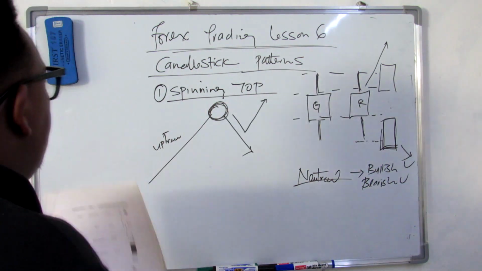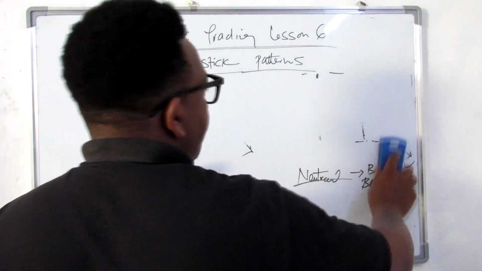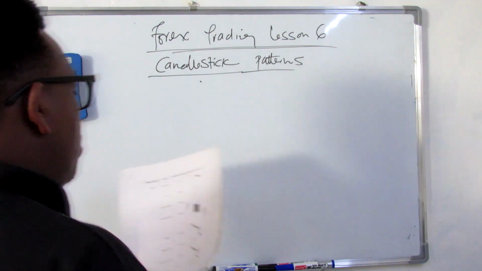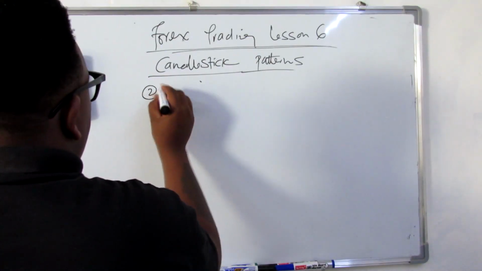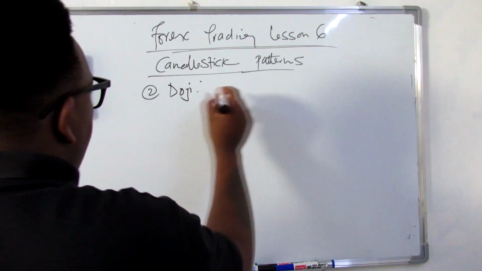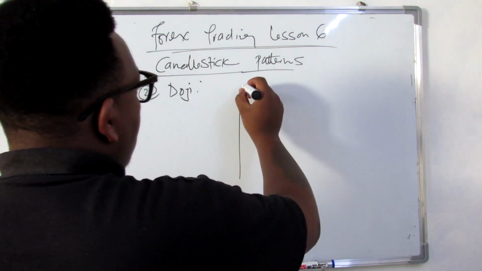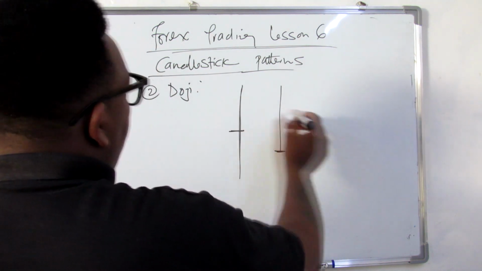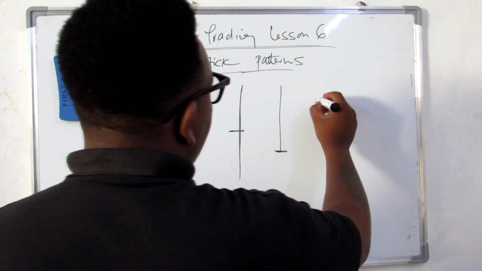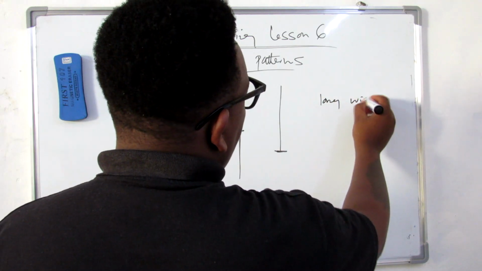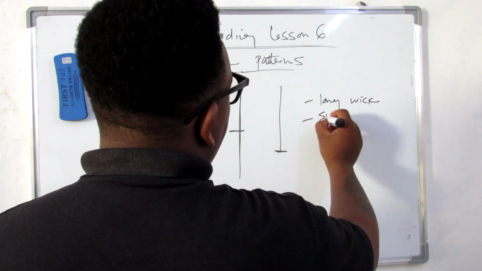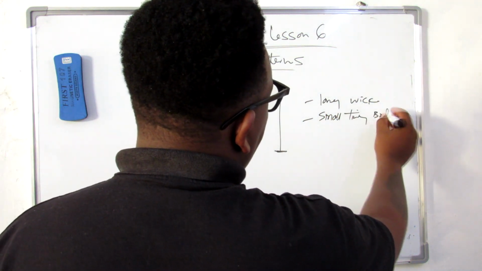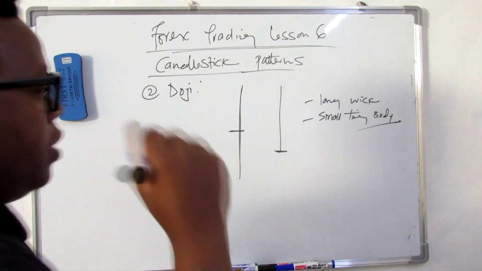So let's proceed. We look into our next candlestick pattern, which goes by the name doji. These are very long wicked candles with a small body. Usually they have very long wicks with a very small or tiny body, so it's important for you to take note of that.